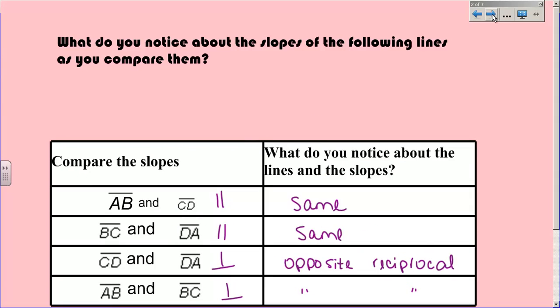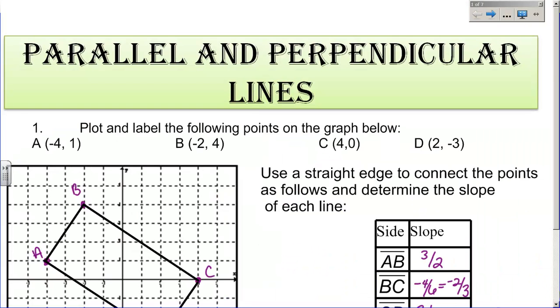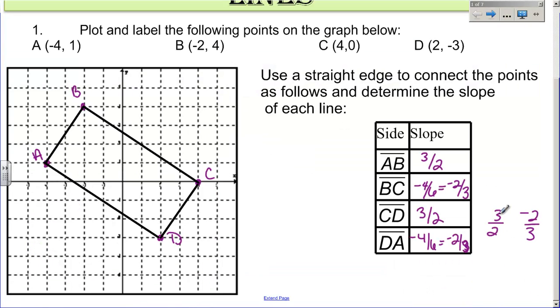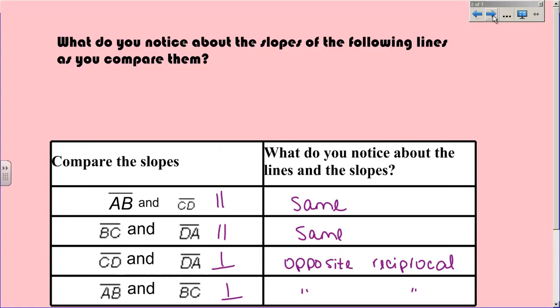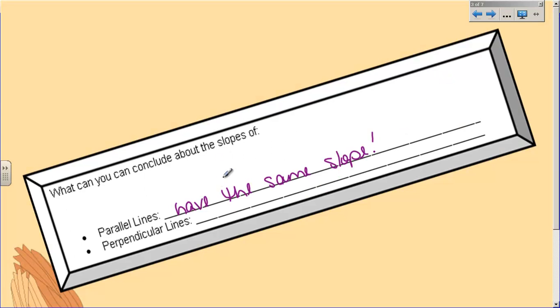Now here's what we're going to do to help us remember this, because in order to do the opposite reciprocal, I'm going to remind you, I had to take the fraction, flip it, and change the sign. So when you have perpendicular lines, what I want you to remember is that you need to flip and change the sign, okay? Just like you're really angry, and I want you to flip and change the sign. So you have to flip it and change the sign.